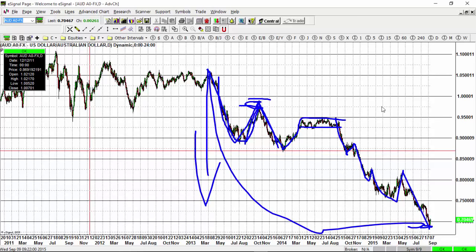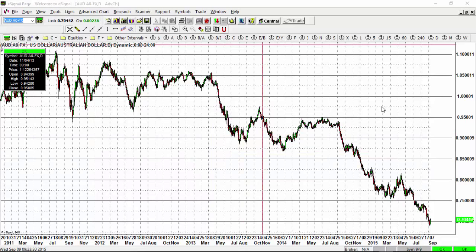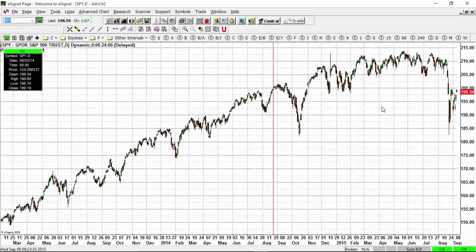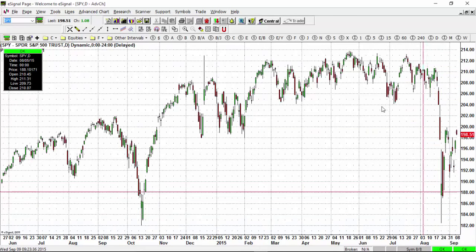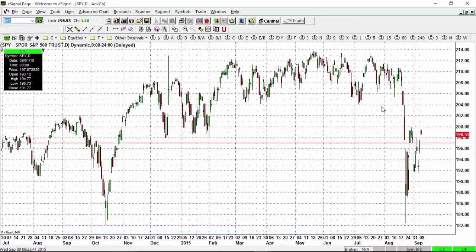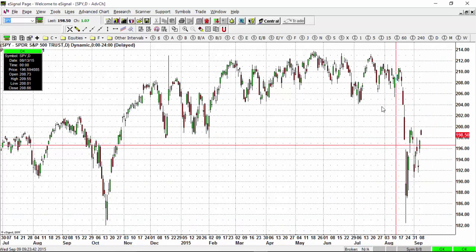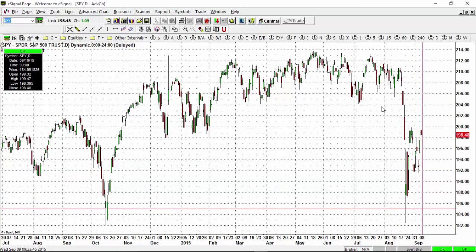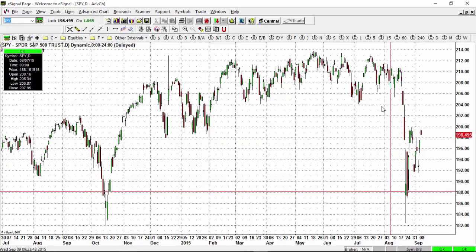Now is the time to get involved, because the stock market had a dip down, and folks who bought this dip are doing fairly well at this point in time, because the market is up. So when you had the highest fear was exactly the time to get involved with the markets.